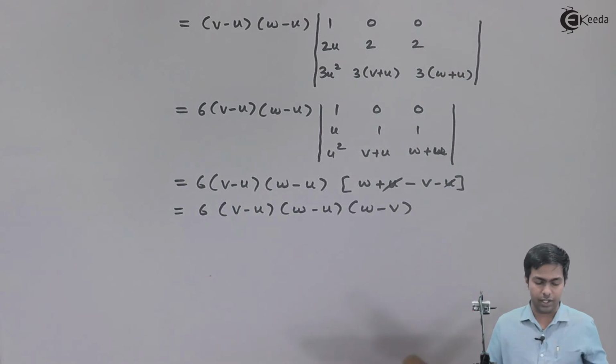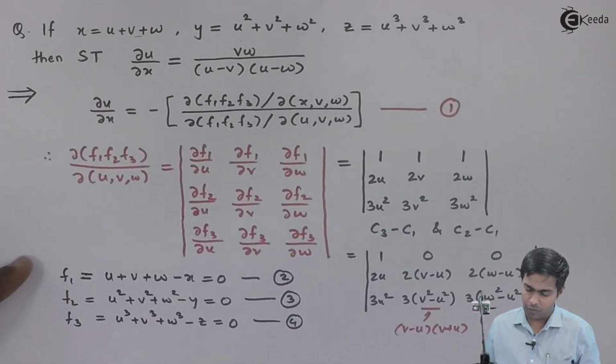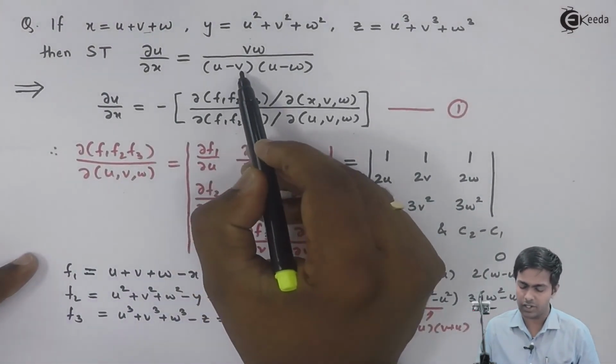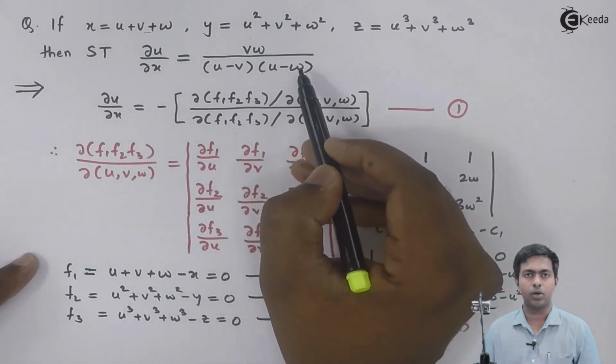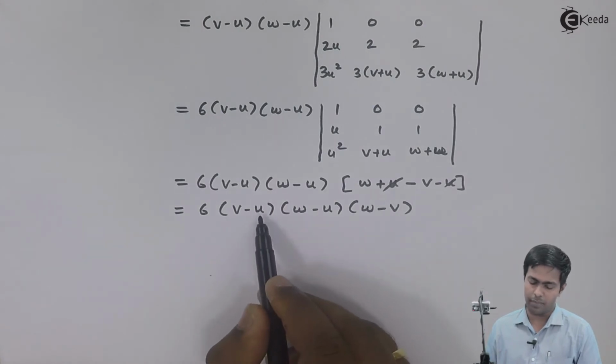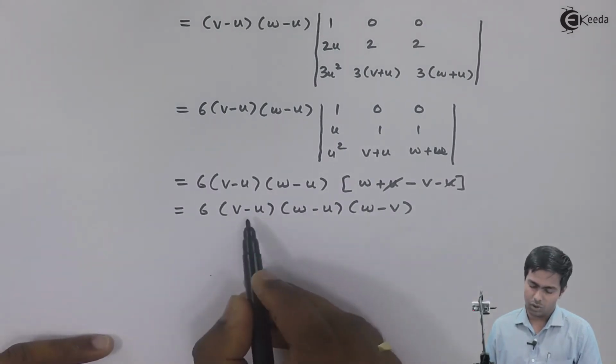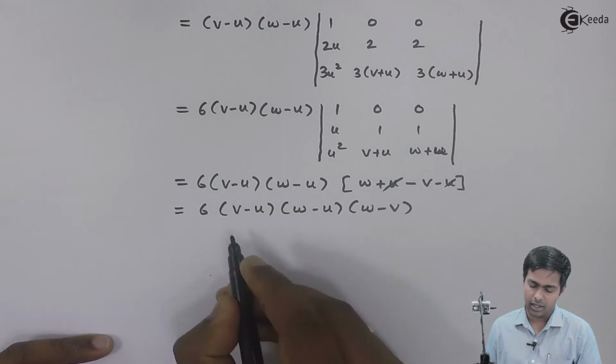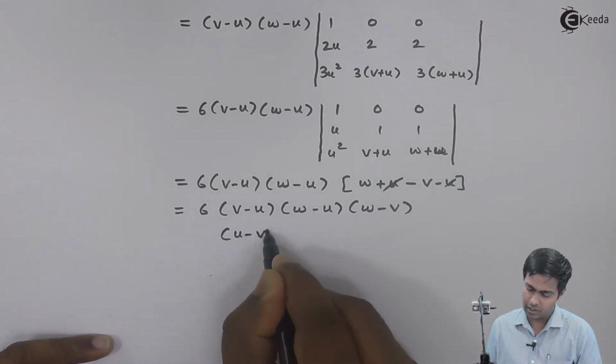Now if you see the proof, in the proof we want u minus v and u minus w. Hence here I'll just exchange the terms. So I'll make this u positive, so I'll take minus one outside and this will become u minus v.